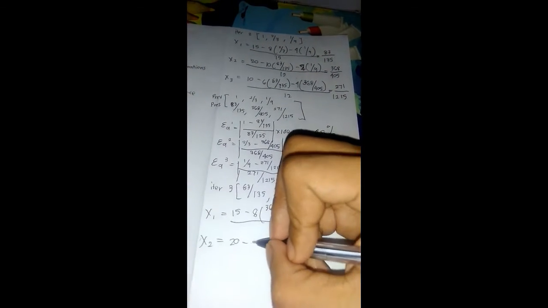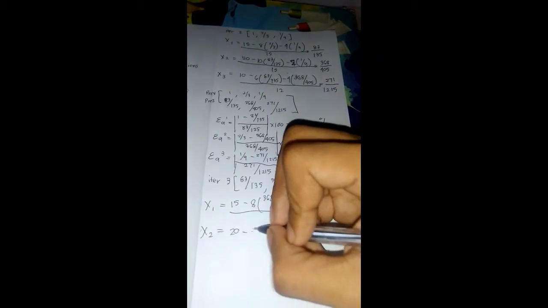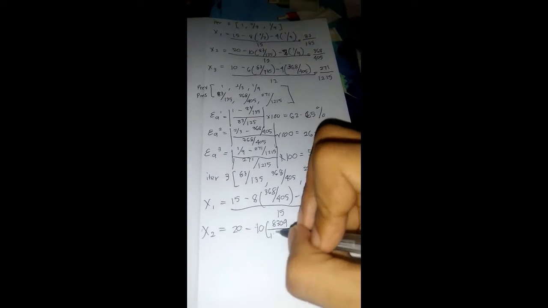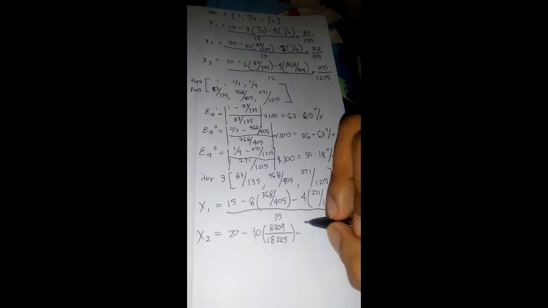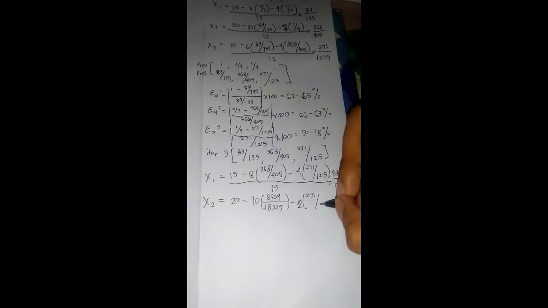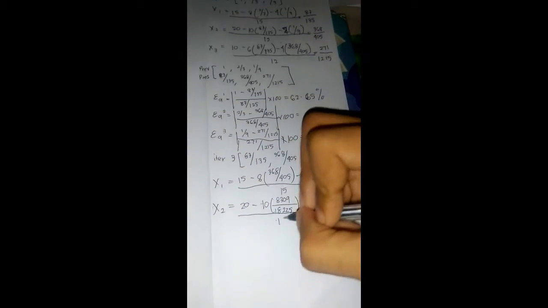So for the next is x2: 20 minus 10 times 8309 over 18225 minus the previous value 271 over 1215, all over 15.